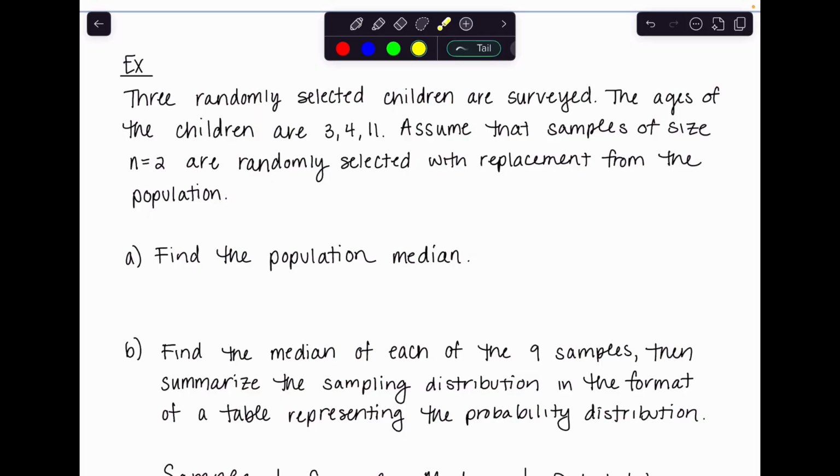So the very first thing I want to do is find the true population median. Because with 3 pieces, it's not so hard. 3, 4, and 11 are already in order. Remember, median is the one in the middle, and there is a single number in the middle. So the true median is 4.